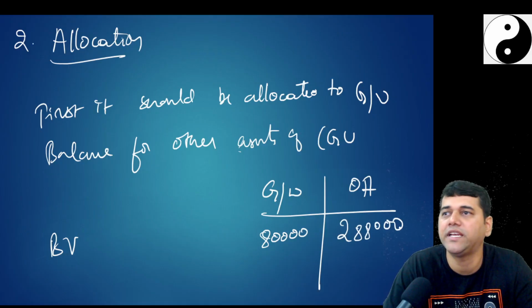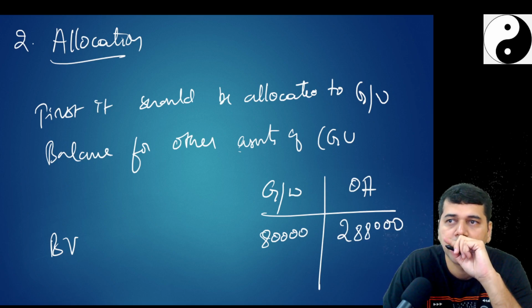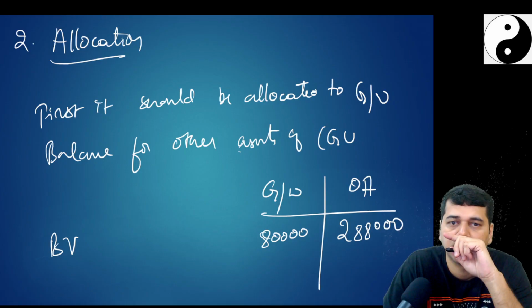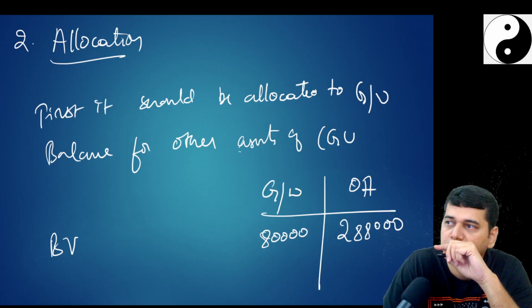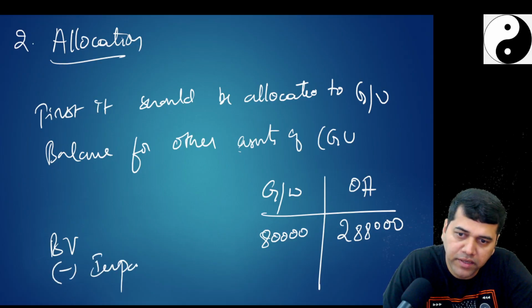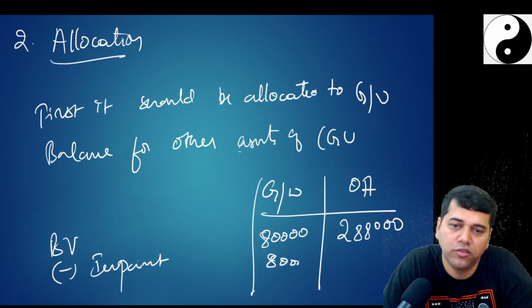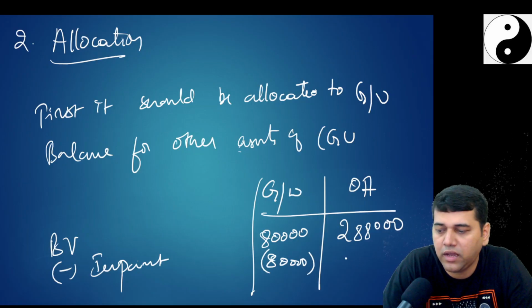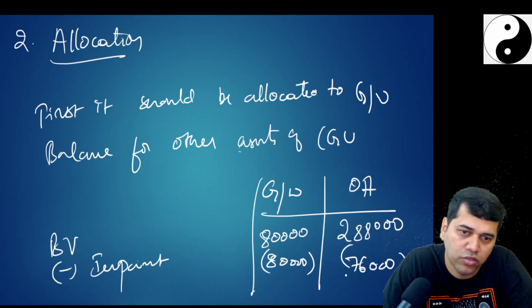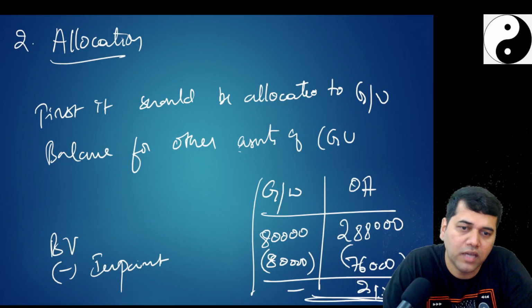How did you get 2,88,000? 3,20,000 minus first year depreciation. Minus, how much is the impairment? How much will you allocate to goodwill? Full 80. You will consume this fully, and 76,000 you are going to give here, and after impairment goodwill is 0, and 2,12,000 is the other assets.